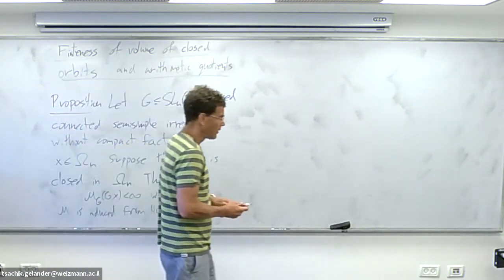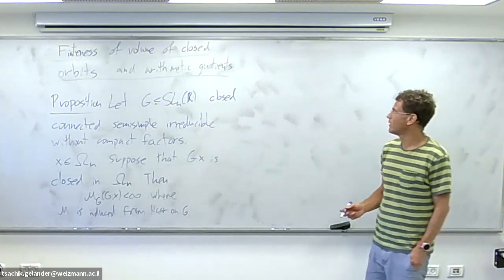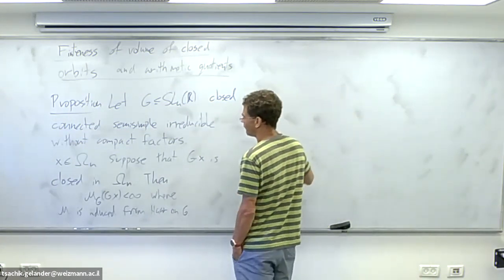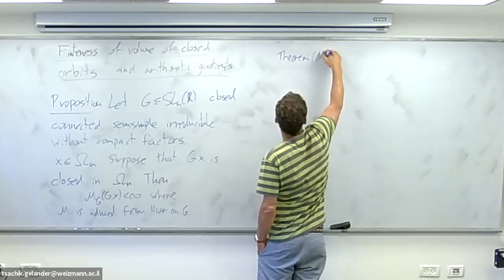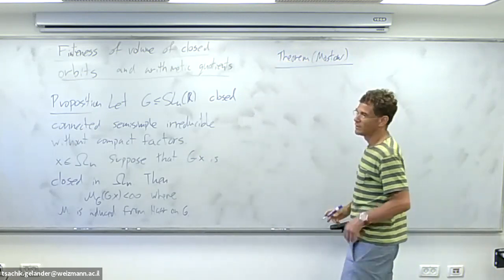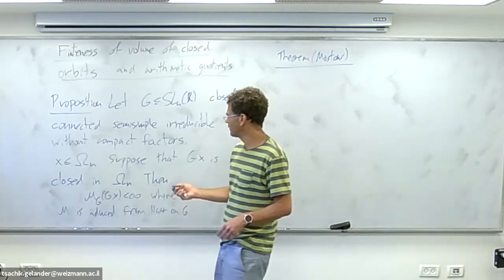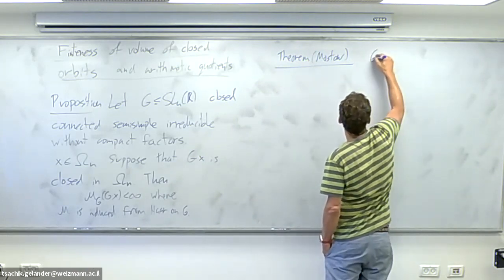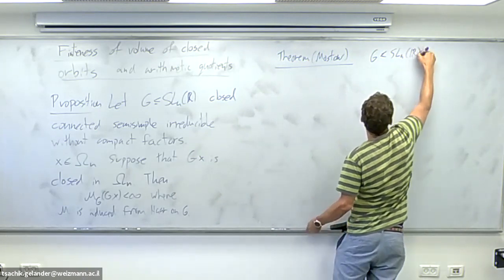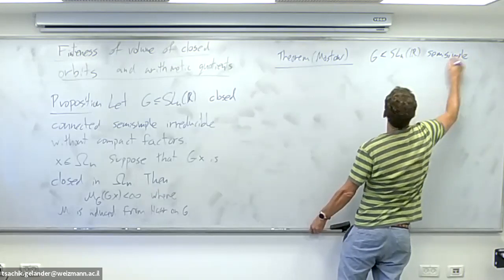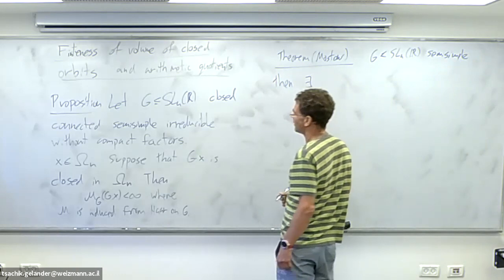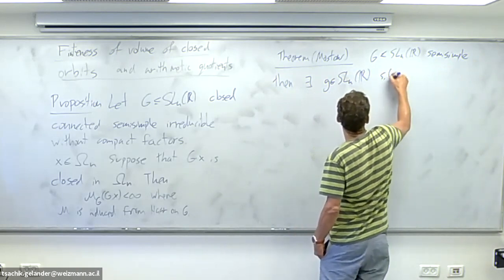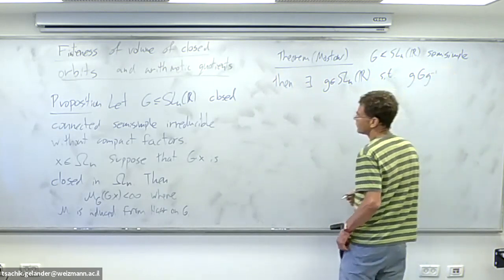And the proof relies on two results. One is a very useful result by Mostow. Here is the theorem of Mostow, which I can use many times. It's enough to be reductive, but for a semi-simple group G inside SL_n, there is a conjugate of G in SL_n(R) such that G is transpose invariant.